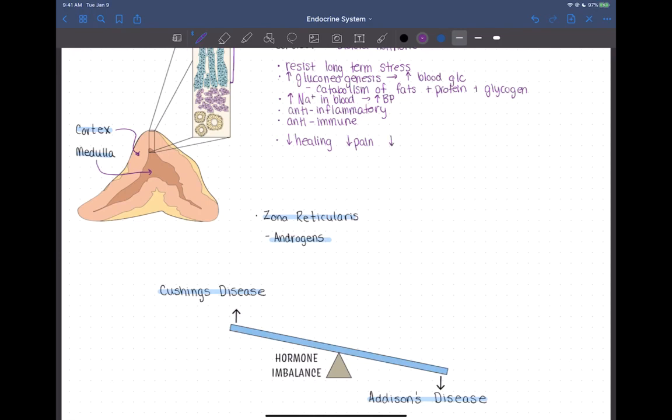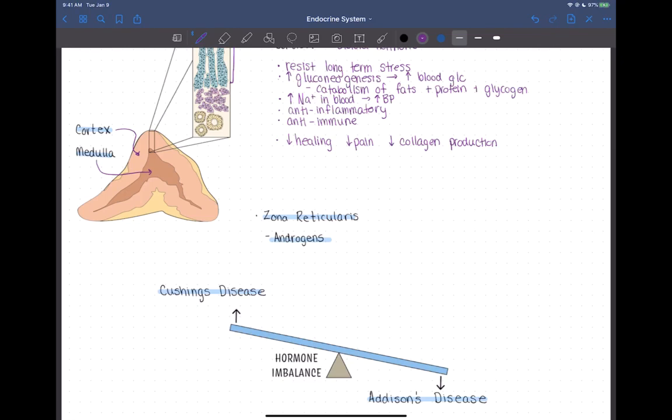It's going to decrease collagen production. Remember, you're breaking down all those proteins and using the amino acids to increase blood glucose, so there's not going to be a lot of protein production, because we're breaking down those proteins. Then, just a reminder for the control of this release of cortisol: it comes from the anterior pituitary.